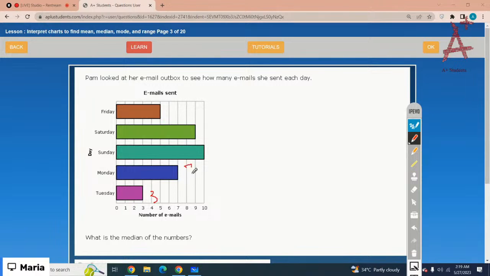Here you have 3, 7, 10, 9, and 4, 5 it is. Let's just arrange them from least to greatest. It would be 3, 5, 9, 7, 10. So which is the median of the given data?